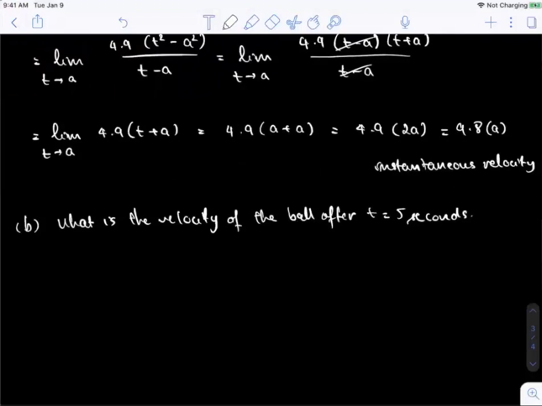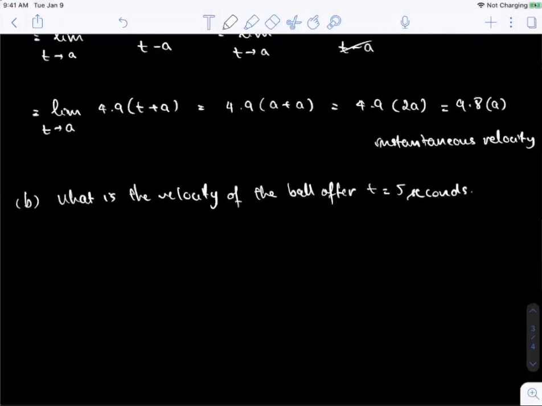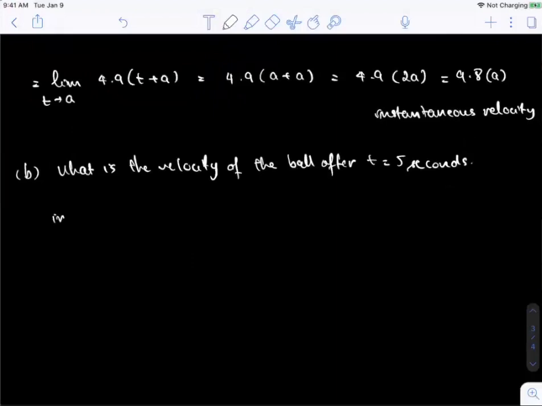So just substitute a equal to 5 into the instantaneous velocity formula. So the velocity after 5 seconds is equal to 9.8 times 5, which gives me 49 meters per second.